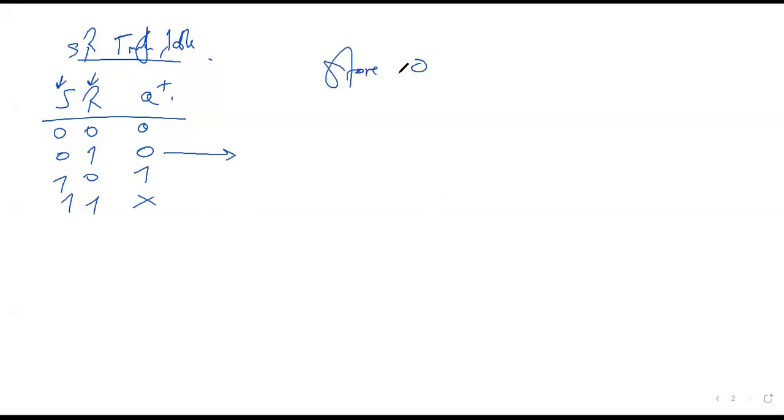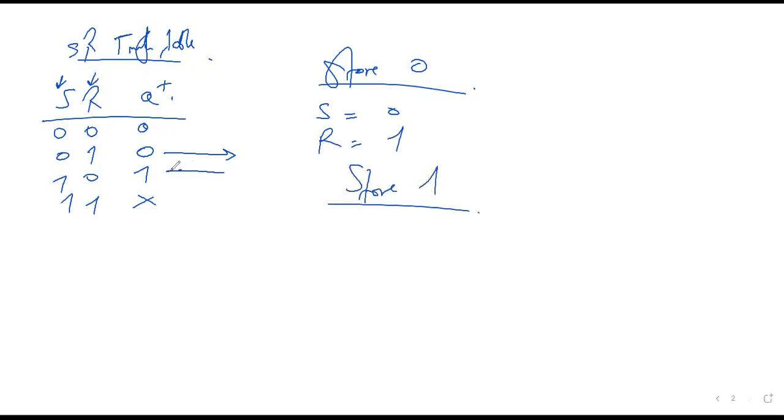If I want to store a 1 using an SR flip-flop, my S becomes a 1 and my R becomes a 0. We can note that when storing a 0 and storing a 1, the inputs S and R are complemented. 0 changes to 1 and vice versa.